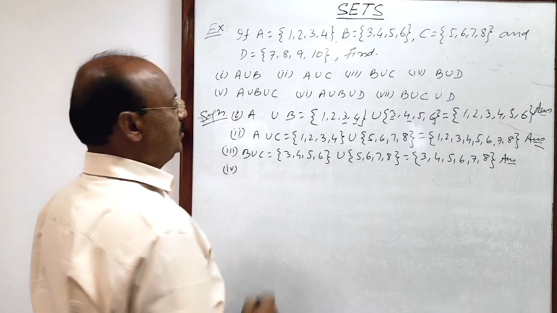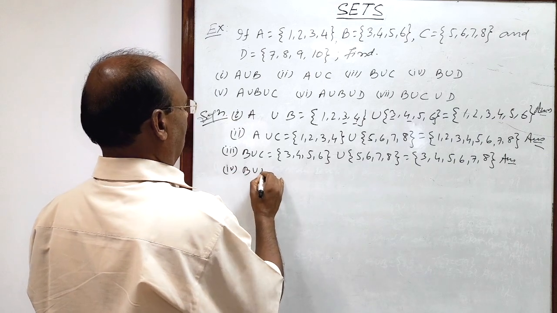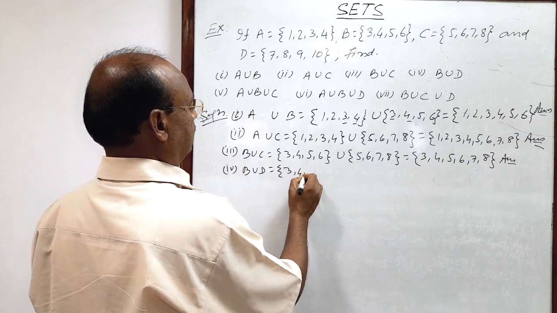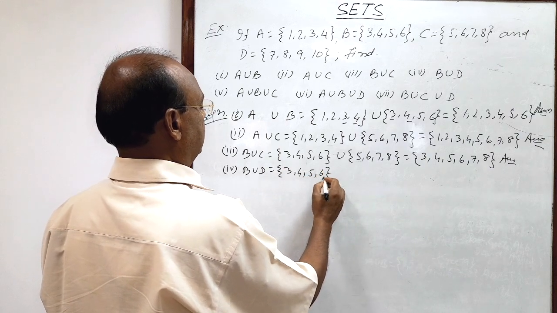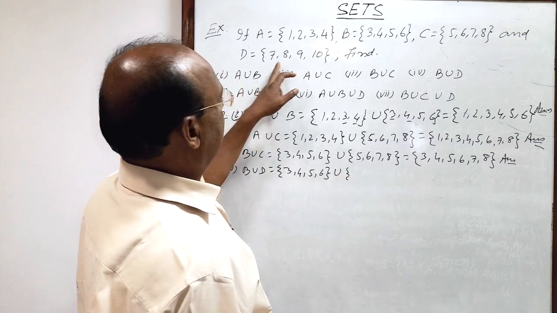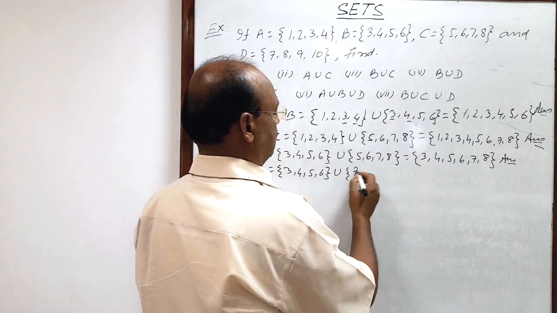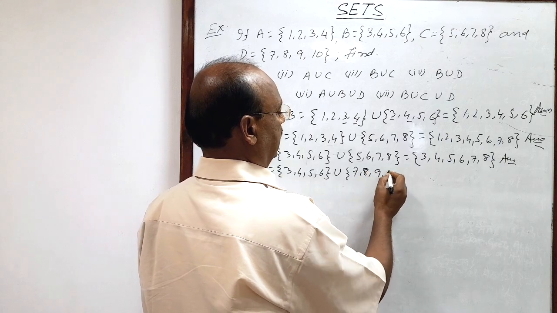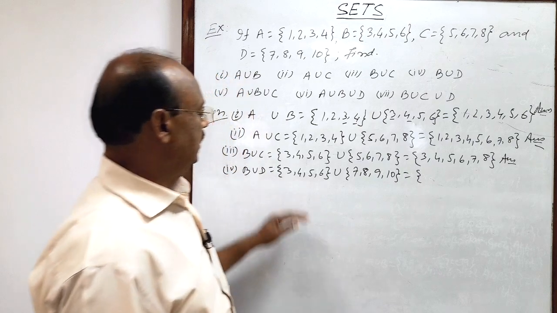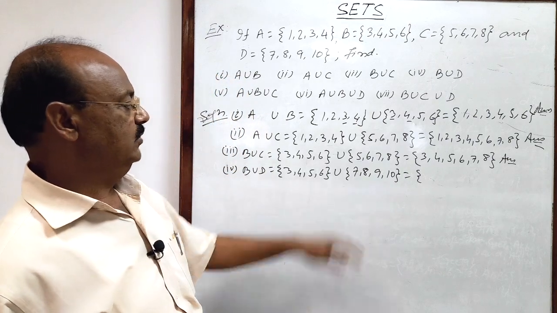Next part of this question, B union D. B is having elements 3, 4, 5, 6, and D is having elements 7, 8, 9, 10. For the union of these two sets, collect all the elements from these two sets.